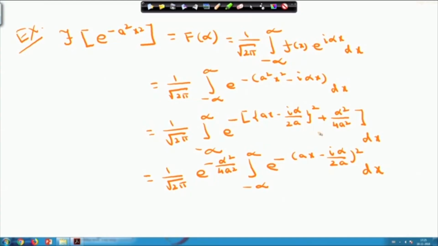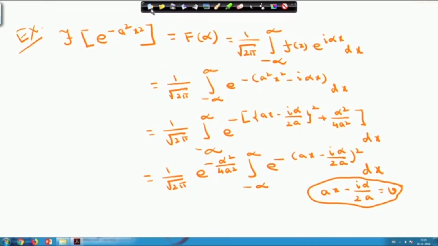So, you are obtaining this factor e^(-α²/4a²). Now, to evaluate this integral, I put ax - iα/2a equals v. I am substituting this thing.